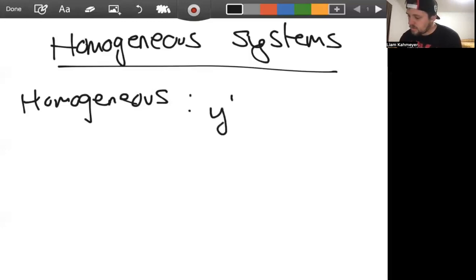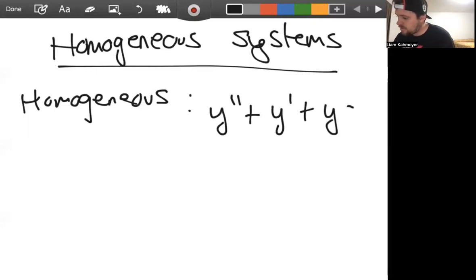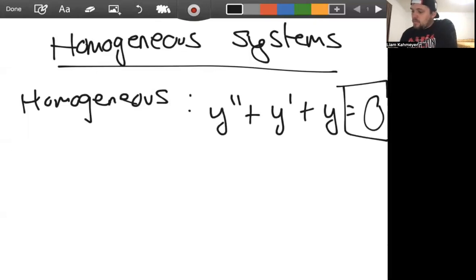Homogeneous was something where you had like y double prime plus y prime plus say y equals 0, right? The equals 0 part was why we called this a homogeneous differential equation.